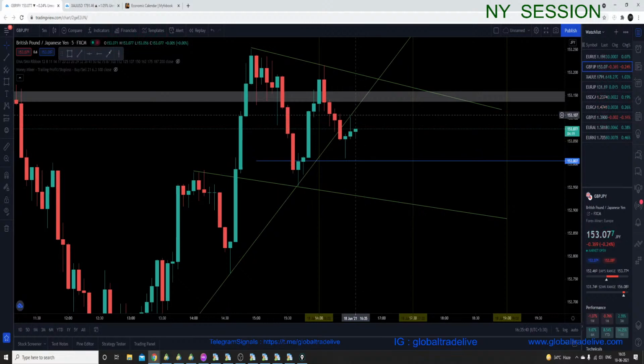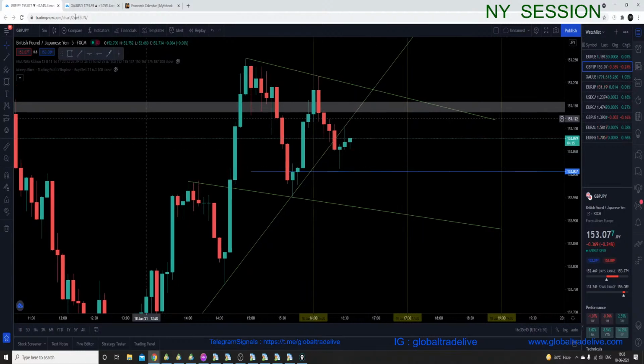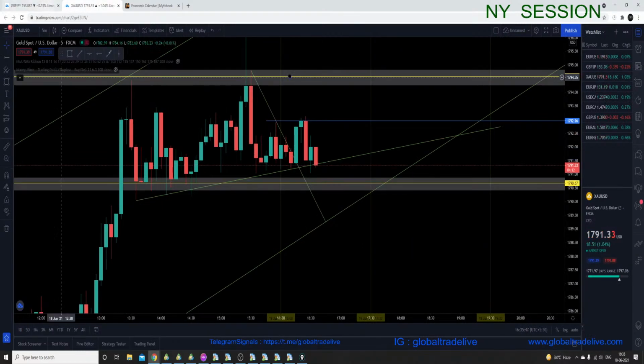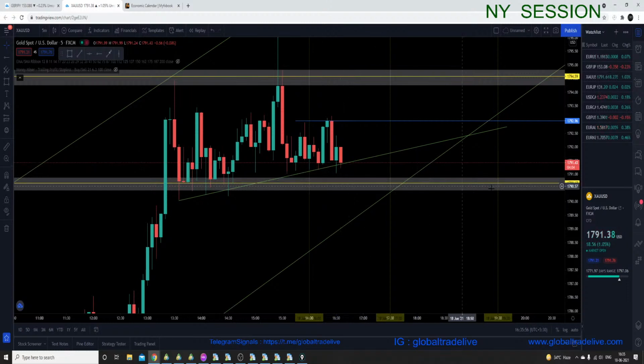Alright, so now I feel somewhat comfortable here. Okay, gold is doing its thing. Now it's coming down and about to close below this lower trend line. If that happens, then the next candle can go down.